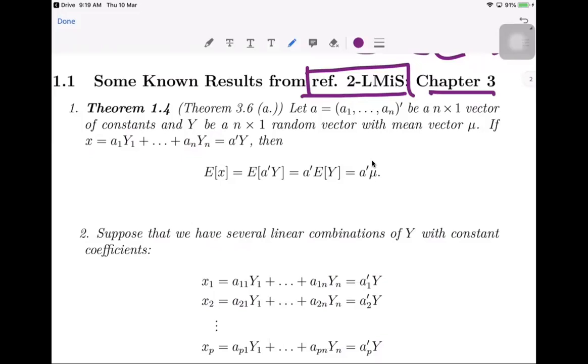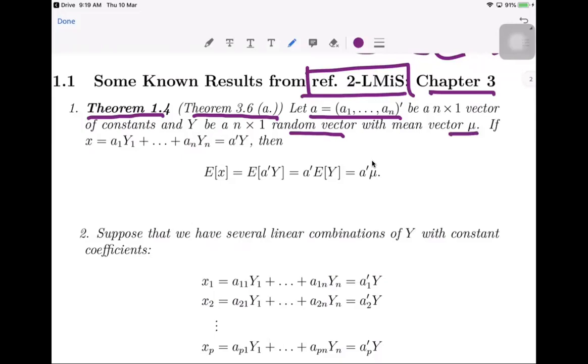Okay, so in these lecture notes, this is theorem 1.4, but in Rencher, this is theorem 3.6a. So let a be an n by 1 vector of constants, and Y is an n by 1 random vector with mean vector mu.